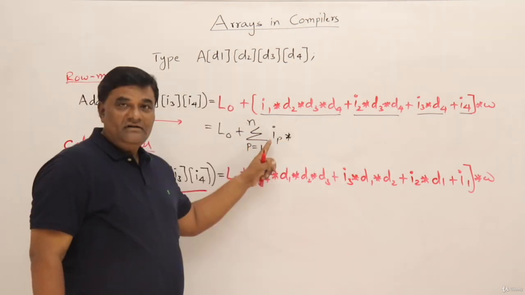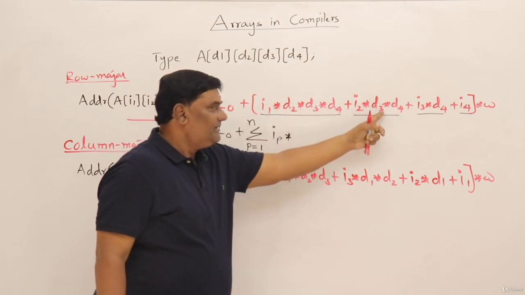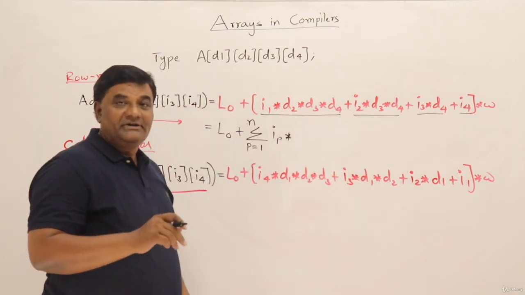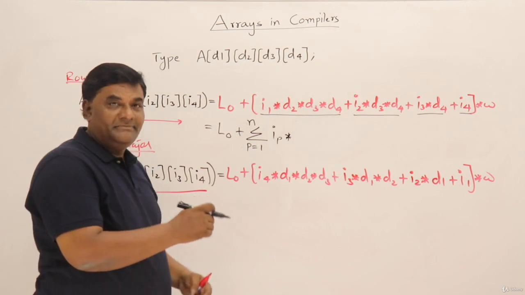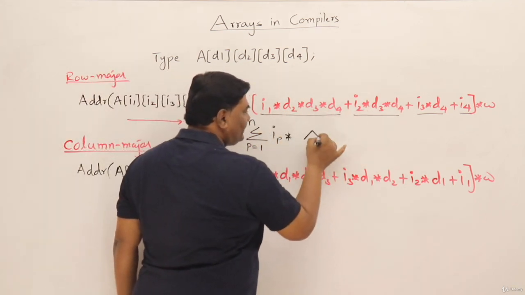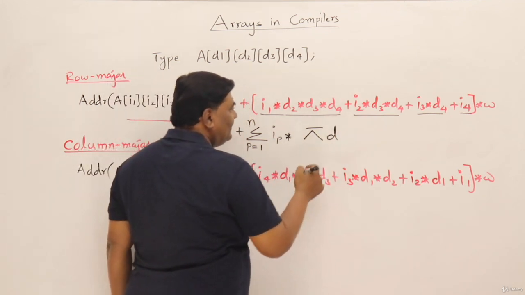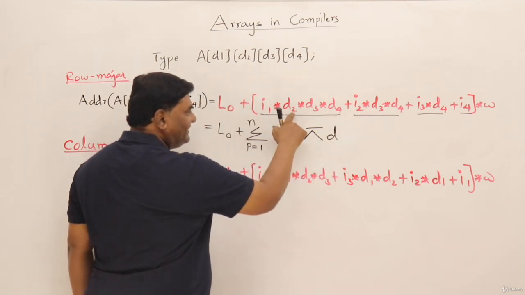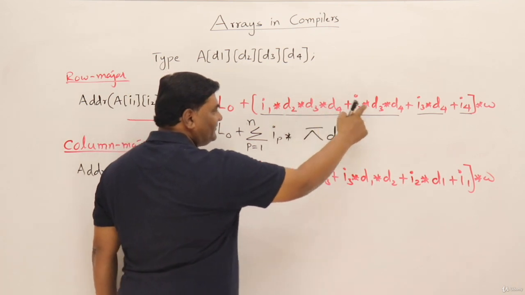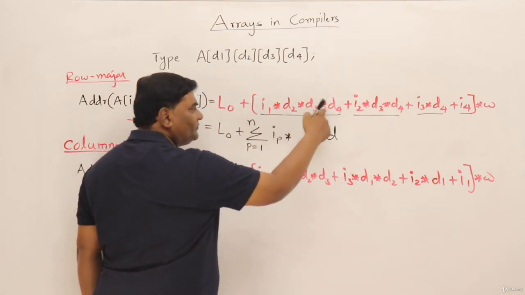Next thing, every index is multiplied by dimensions. This I2 is multiplied by D3 and D4. So it is multiplied by a product of dimensions. So for the product we can use pi of D. Now these dimensions are taking subscripts from 2, 3, 4. So whatever I is, this is 1. So this is 2, 3, 4.